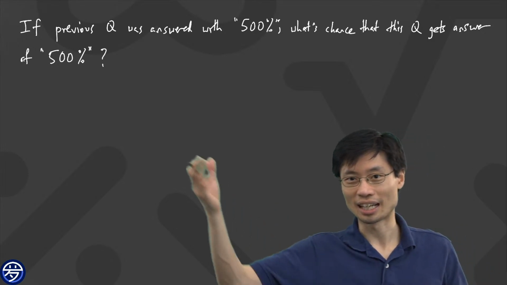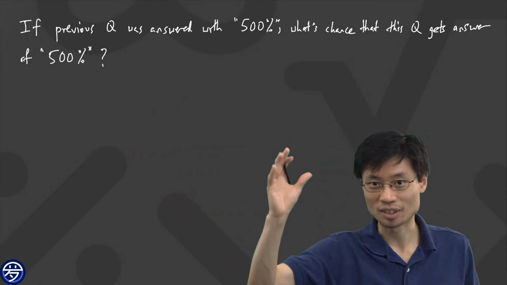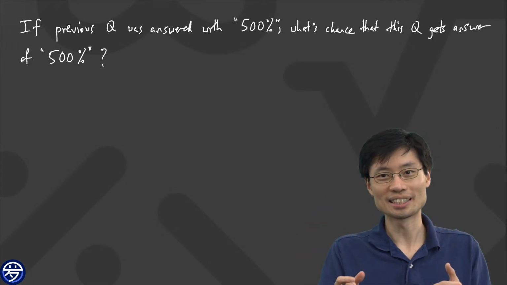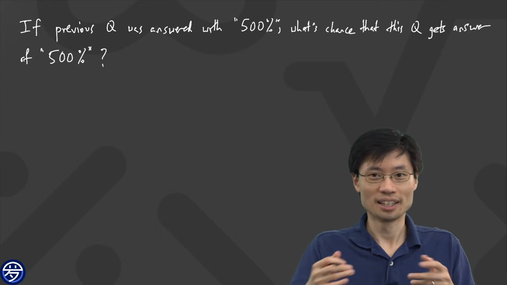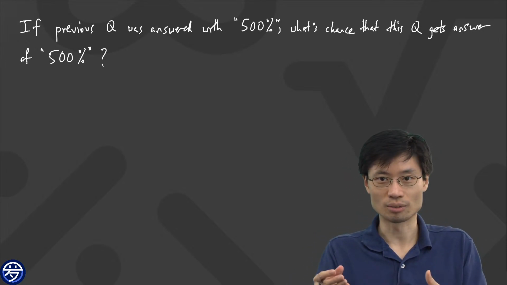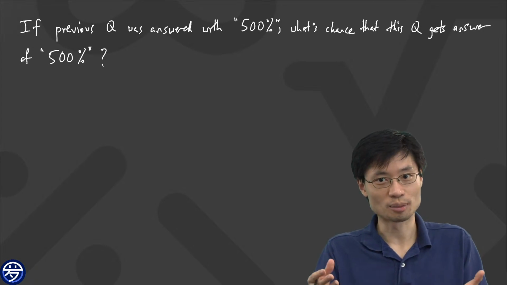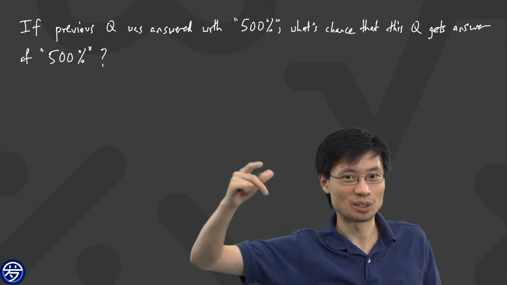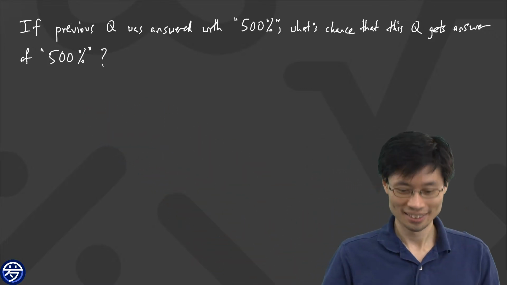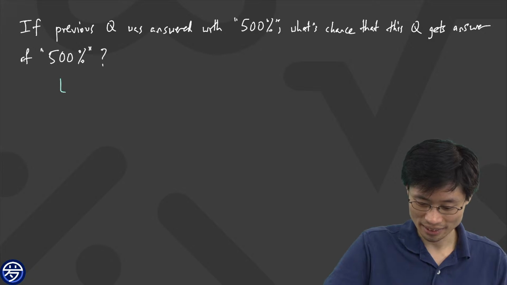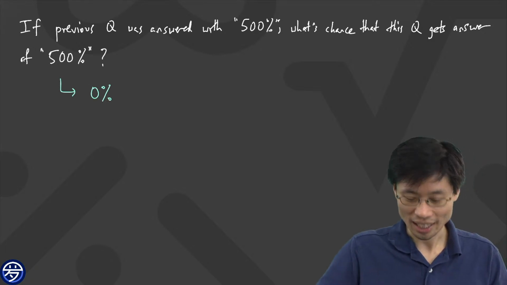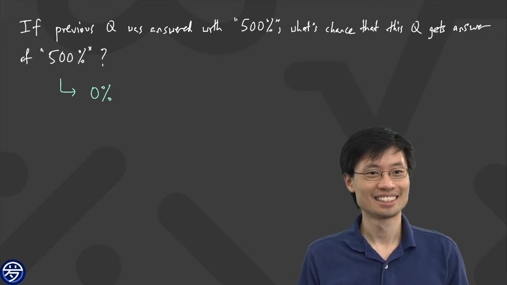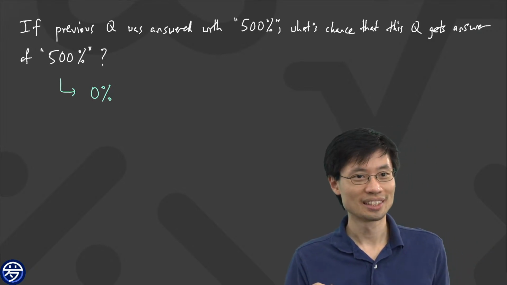The chance that I would answer you with 500% is actually 0%, because that's the only one that makes sense. I can't tell you 100%. And if I told you anything less than 100%, then that's not going to be 500%. So it has to be 0%. So the answer to this is 0%. And indeed, that's what I did. I told you 0%. And I was also right. Did this make sense to people?